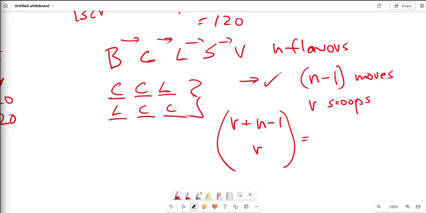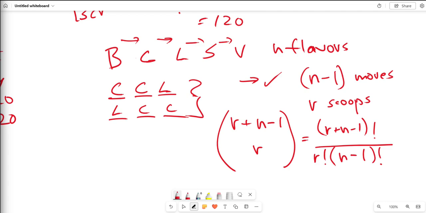And so what does that come out to? You already know the formula for the combination from earlier. So what is it? The numerator here, factorial. So R plus n-1 factorial divided by the denominator factorial times this minus the denominator, so n-1 factorial.